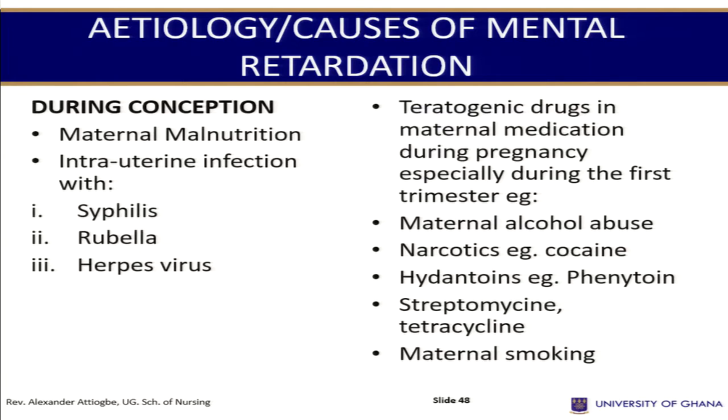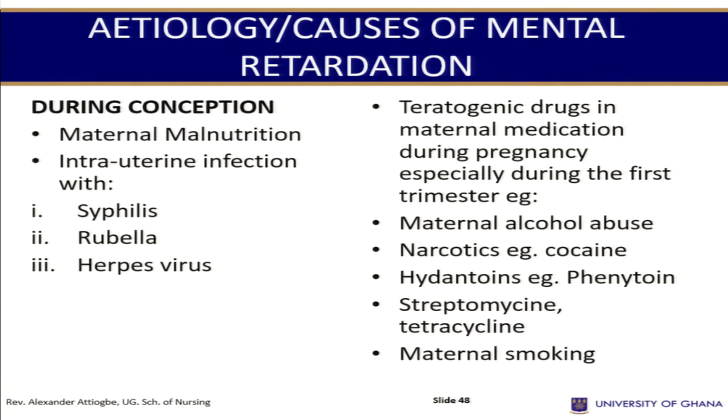During conception, maternal malnutrition: if the mother doesn't eat well, it affects the baby in utero and can cause mental retardation. Intrauterine infection can also cause that. Examples are syphilis, rubella, and herpes virus. Teratogenic drugs in maternal medication during pregnancy, especially during the first trimester, can also cause mental retardation.